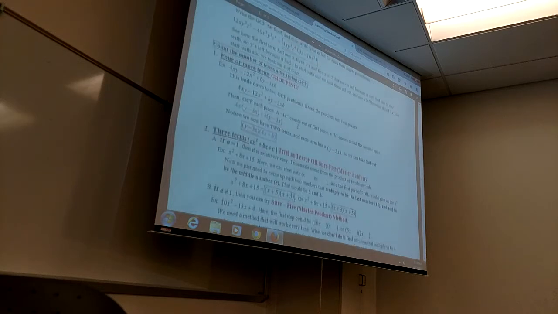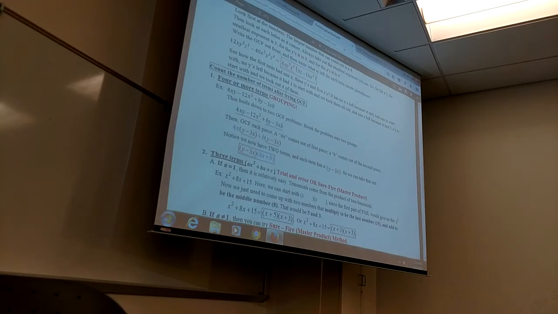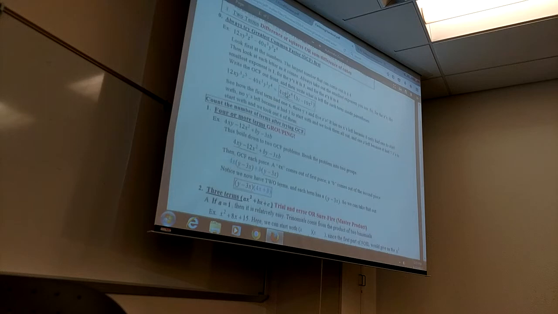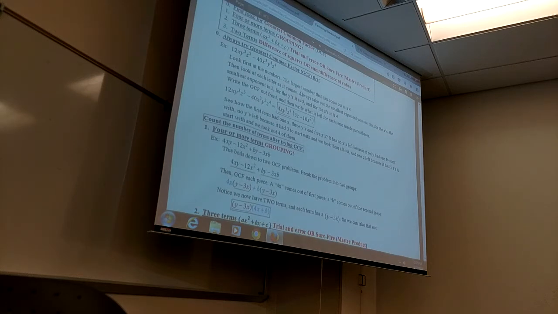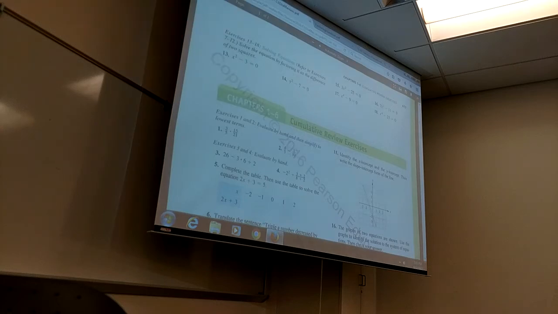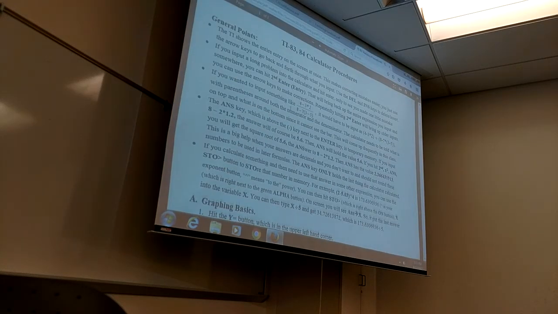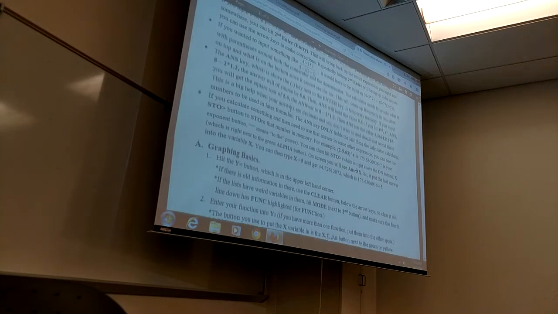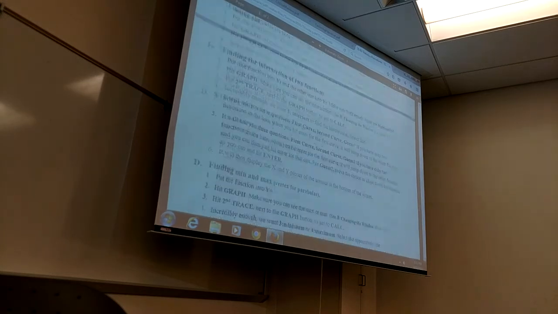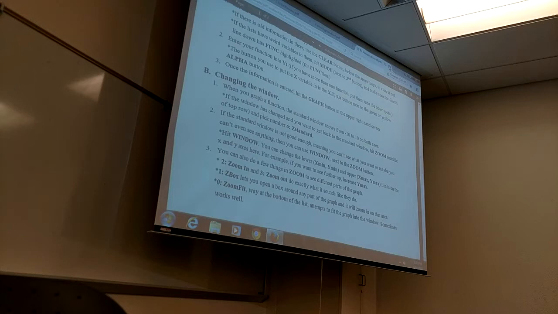So you can go there and print that out for yourself if you want to. No, you can't use this on a test. But it's good to have sitting next to you for homework so you remember all this stuff. Okay, fine. There's the copy of the first homework assignment, and there is a calculator procedures page and 2 pages that we'll go over when we get to graphing. Okay, so back to this.